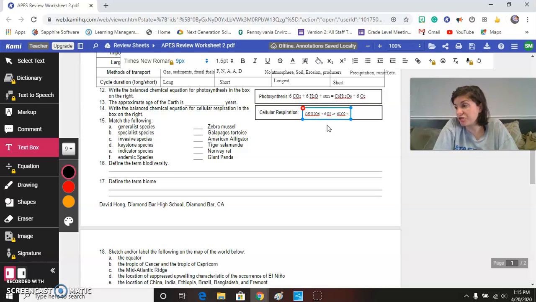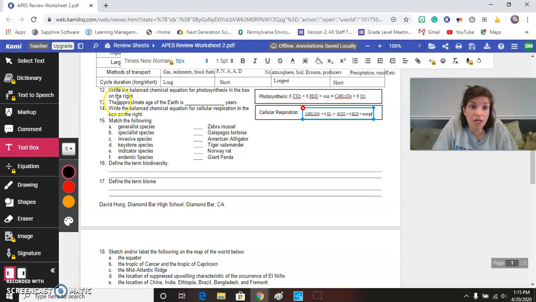It's pretty much photosynthesis in reverse. 6 H2O plus energy. In lieu of time, I'm not going to correct the little numbers, because you can see you literally just flip it, but it's going to give off energy.